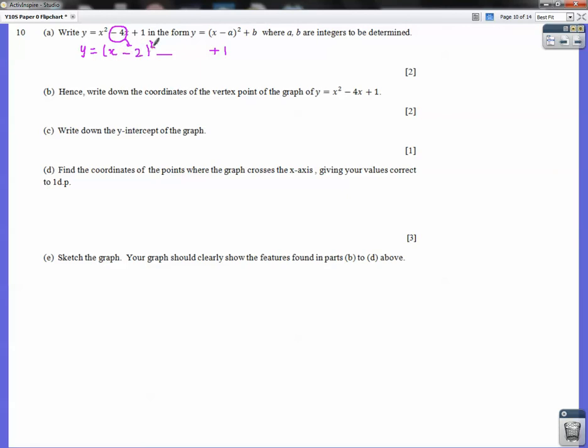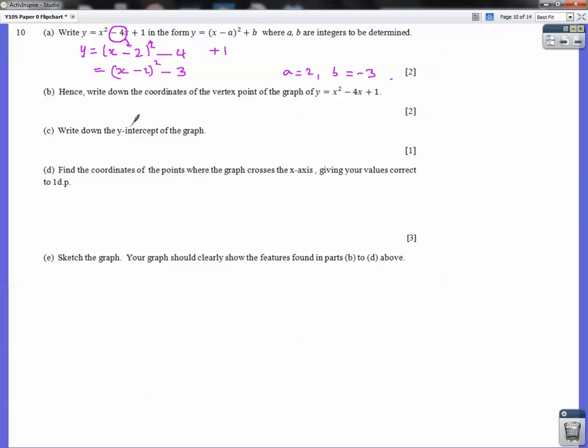So it's y equals x minus 2 all squared. And then I always subtract the square of what's written here. So I subtract negative 2 all squared, so I subtract 4. So I've got x minus 2 all squared minus 4 add 1, which is x minus 2 all squared minus 3. So I can see that a is 2 and b is minus 3.